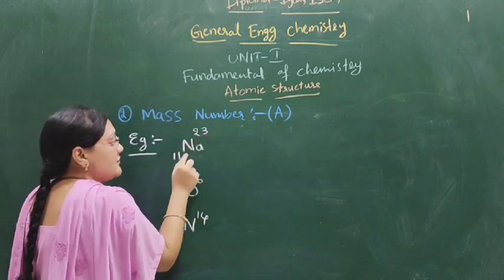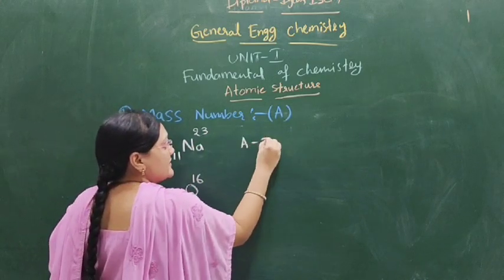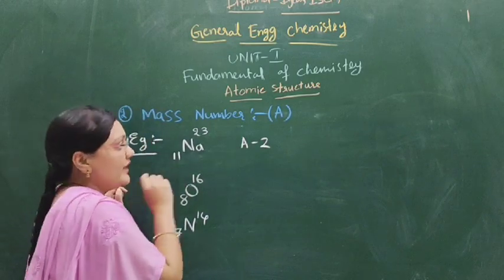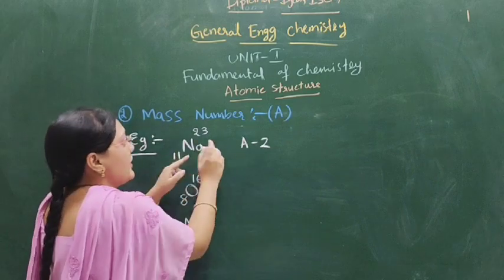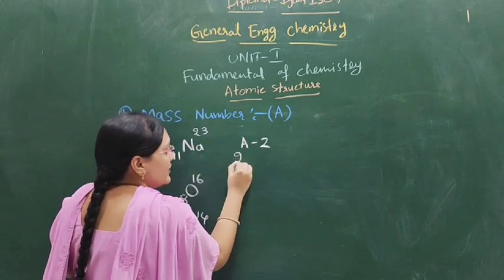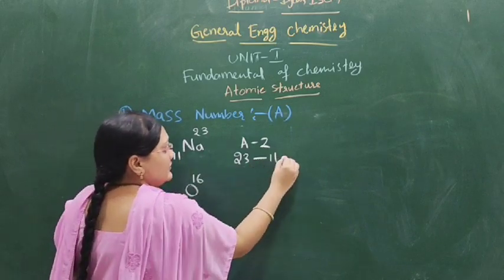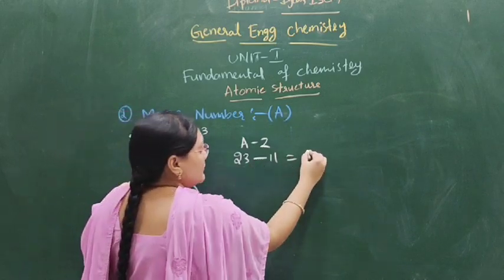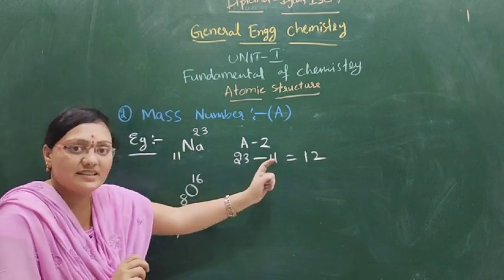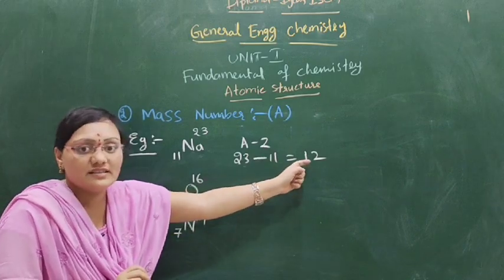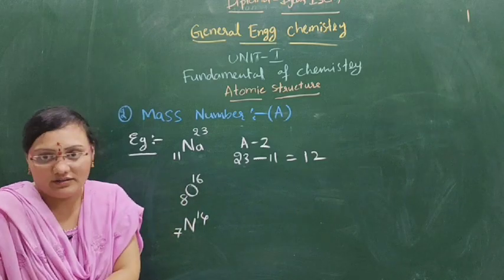The formula is A minus Z. The mass number is 23 minus the atomic number 11 equals 12. The number of protons is 11 and the number of neutrons is 12. This is how the number of neutrons is calculated.